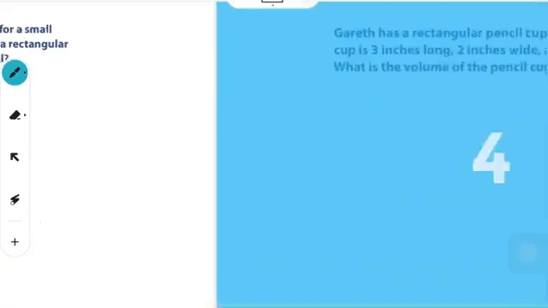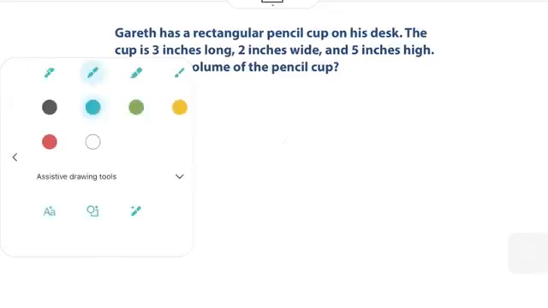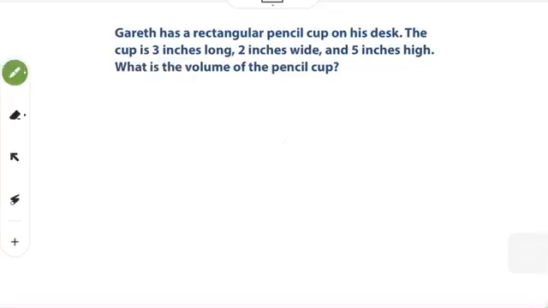Let's look at another example. In this example, Gareth has a rectangular pencil cup on his desk. The cup is 3 inches long, 2 inches wide, and 4 inches high. What is the volume of the pencil cup? It's always important to first start by writing out our formula. V equals L times W times H. Sometimes you'll see it as V equals LWH, because when letters are next to each other like this, that means multiply.